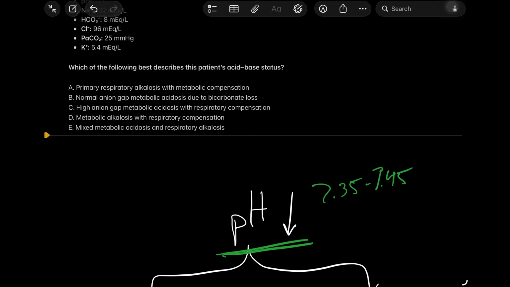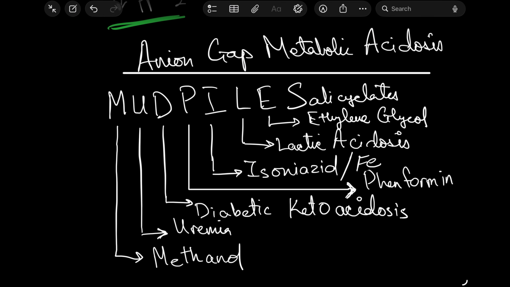Now, before we continue further, the first part of the question, high anion gap, what is that? All right, so what is anion gap metabolic acidosis? Well, a bit of a history lesson. Basically, older machines, whenever they would read blood, could only measure certain cations and certain anions. And whenever you measure the cations versus the anions, there was always a gap.